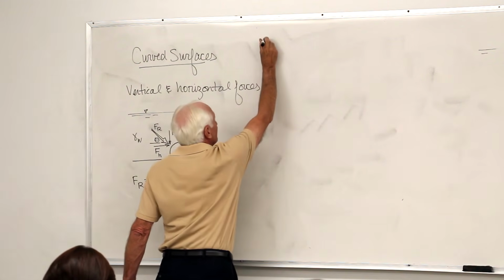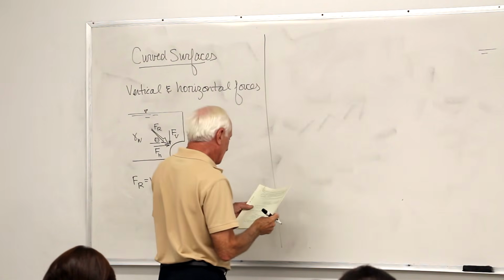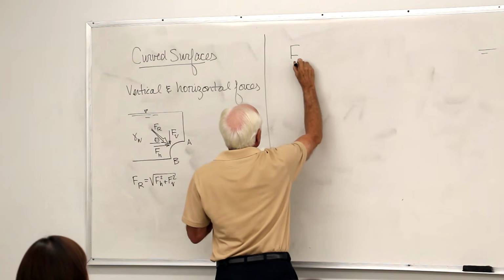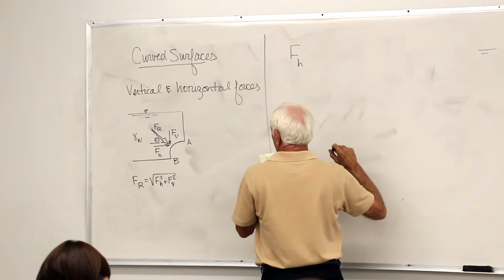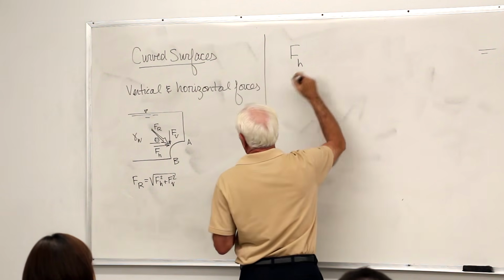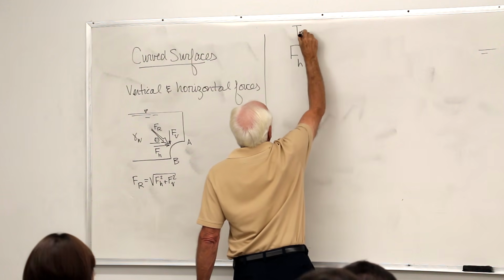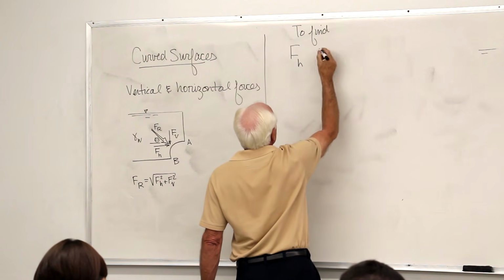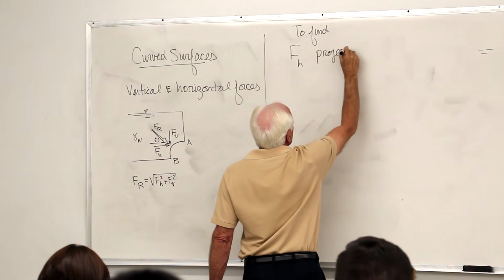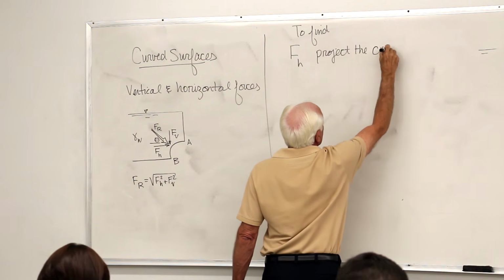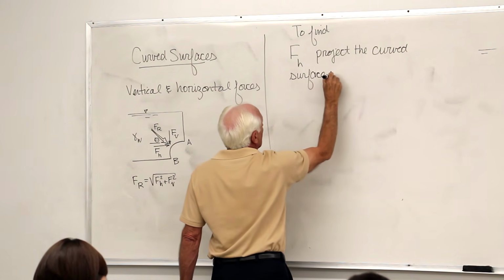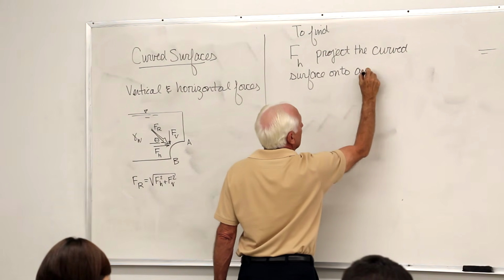Well, here are the rules in words. So, horizontal component, F sub H. What we do to find F sub H is project the curved surface onto a vertical plane.